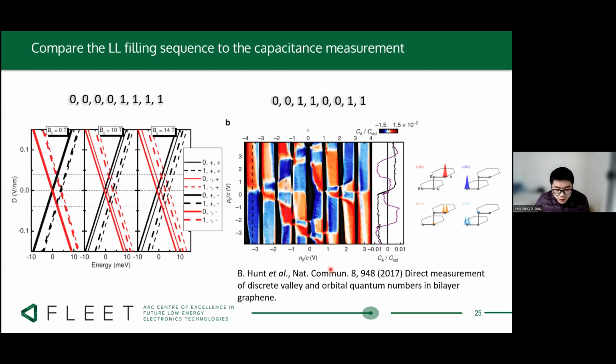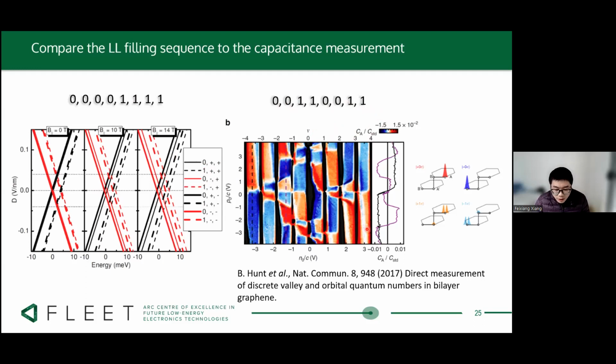Furthermore, the Landau level filling sequence from the single particle model is not consistent with that from the capacitance measurement. For example, the Landau level filling sequence from the single particle model at zero displacement field is 0.0001111, but that from the capacitance measurement is 0.0110011.